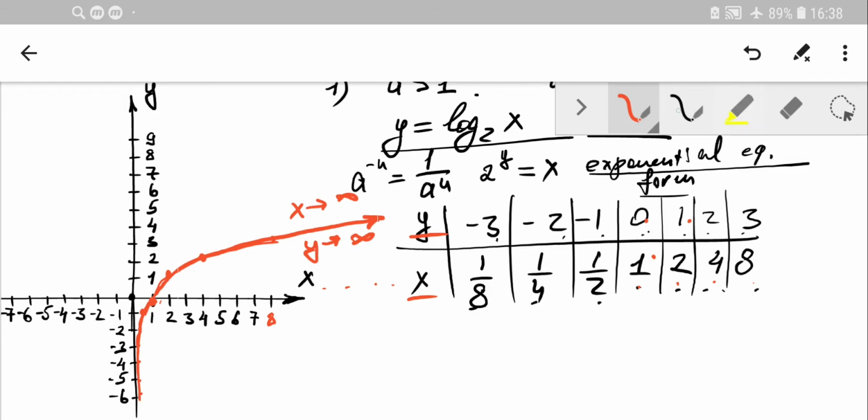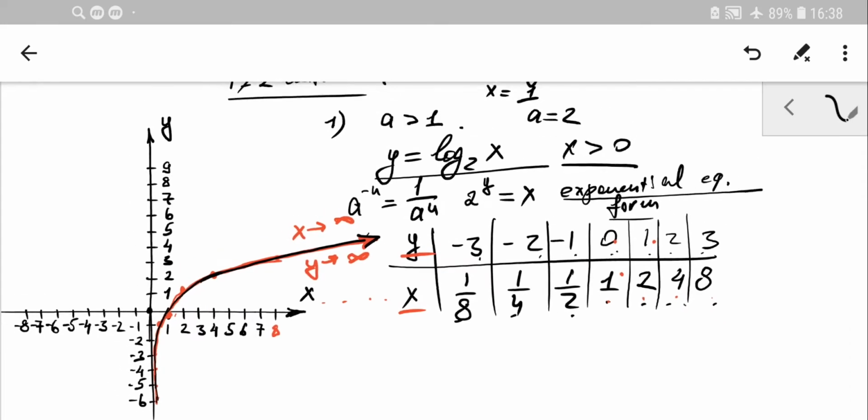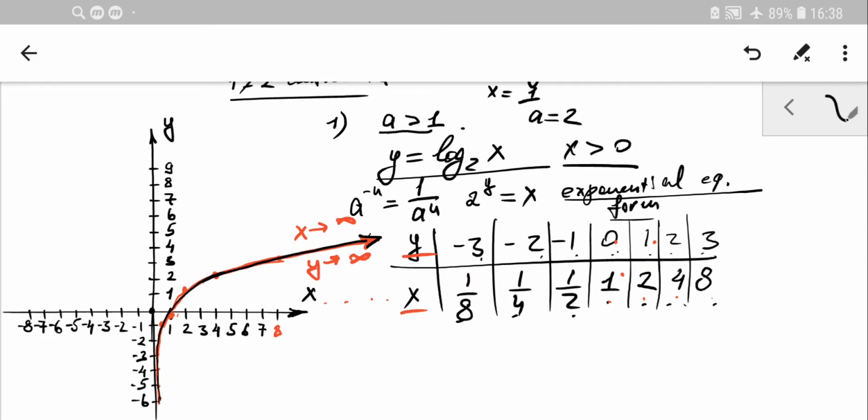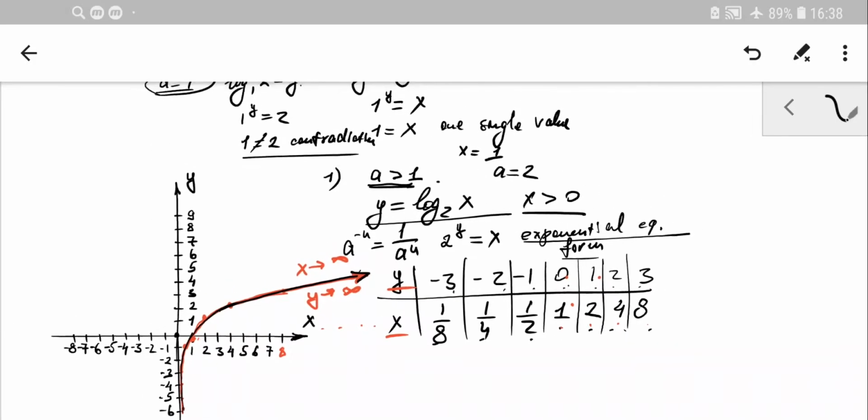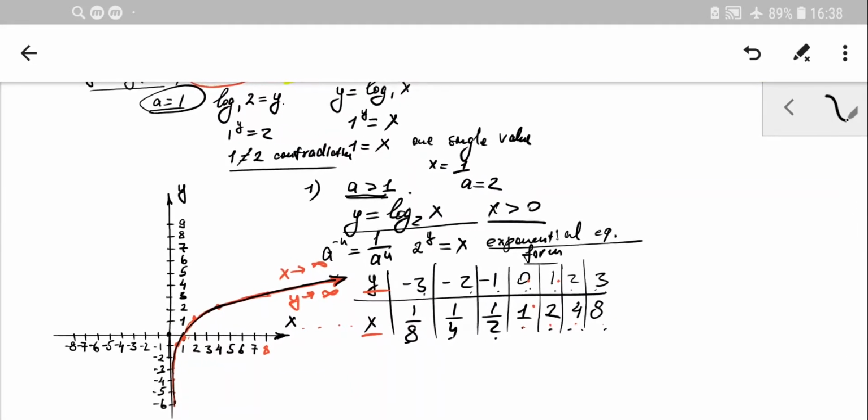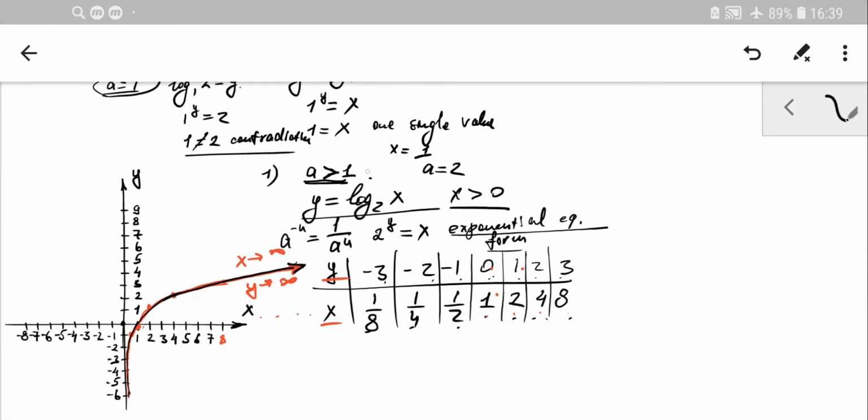There will be no intersection. So your final graph will look like a smooth curve that goes through the specific points we have in the table, and that's your log graph. We consider it when the base of the log is positive, which it obviously is by definition, and more than 1.